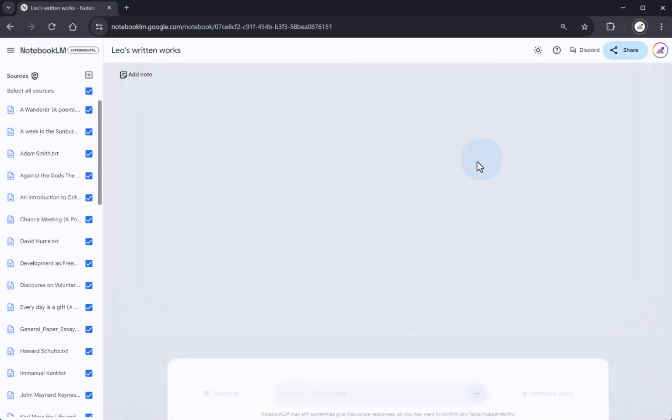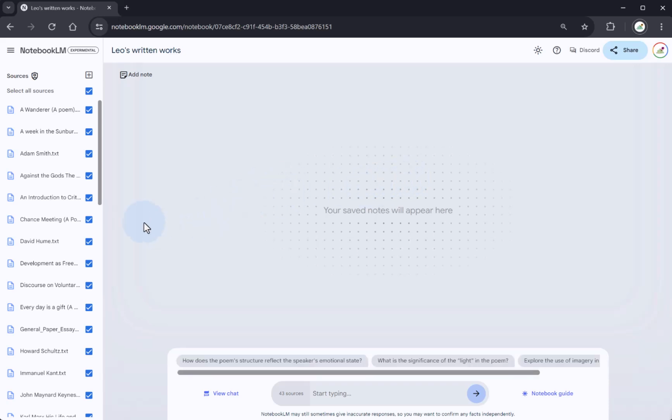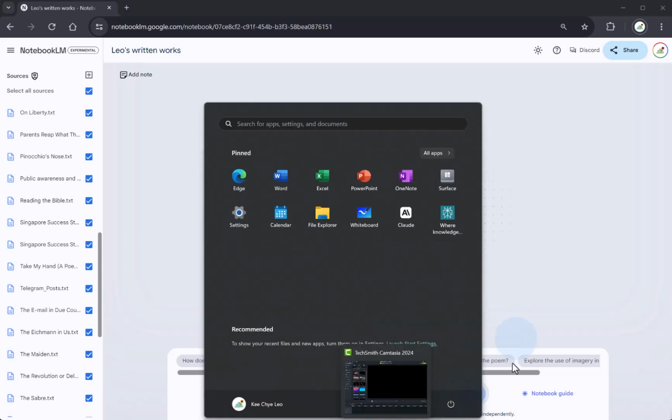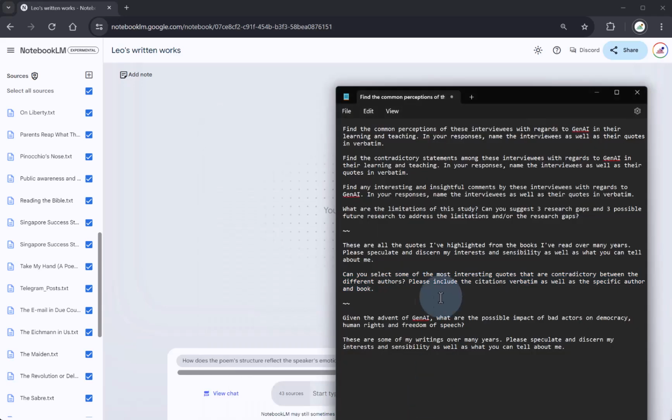Lastly, the last notebook is where I have put all my writings, and also my Telegram posts and all this, as well as from my blogs. So let's look at, given the advent of generative AI, what are the possible impacts of bad actors on democracy, human rights, and freedom of speech?